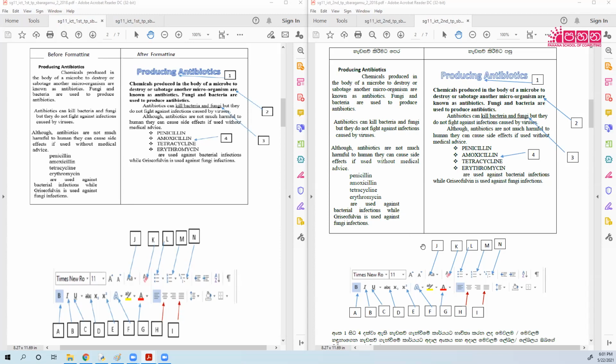Which one is it? You see this F, isn't it? This tool F, we need to use for that.